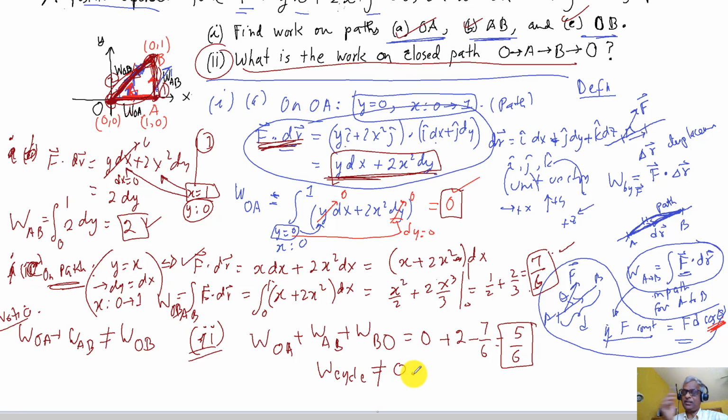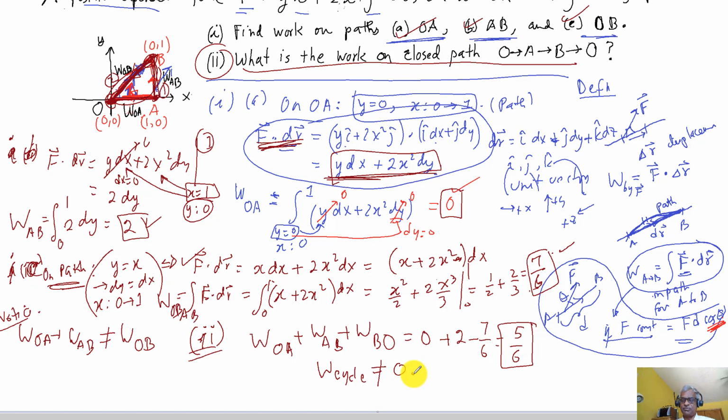Now if you had a constant force, you will see that the whole thing will turn out to be 0. You also see that for conservative forces, like gravity, spring force, and in general, when you have a conservative force, this will be the case.